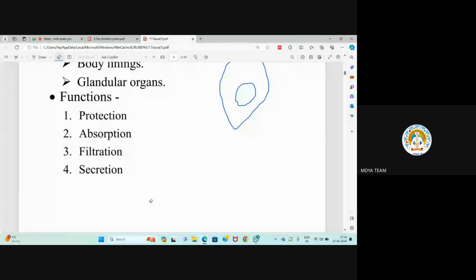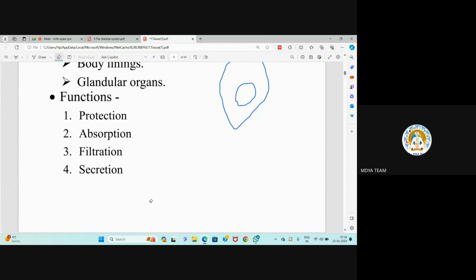Did you get the meaning of these four terminologies? Absorption means absorbing, like when we apply moisturizer on our skin, it absorbs, right? In the intestines, the intestinal wall is absorbing the nutrients, right? So here we can find epithelial tissue.